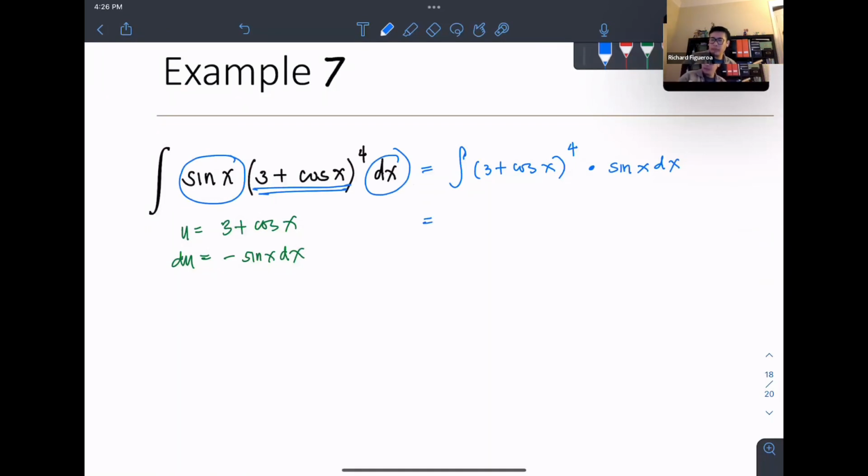But after letting u to be 3 plus cosine x and then deriving it, the derivative is negative sin x dx. So supposedly, to use the power rule, the derivative of 3 plus cosine x, it's negative sin x dx.